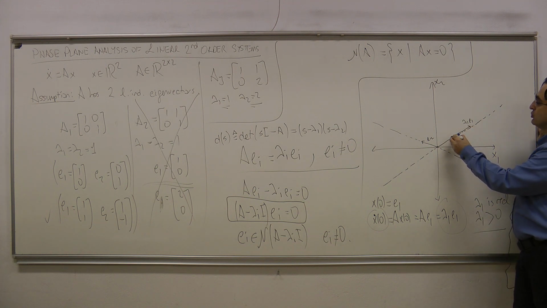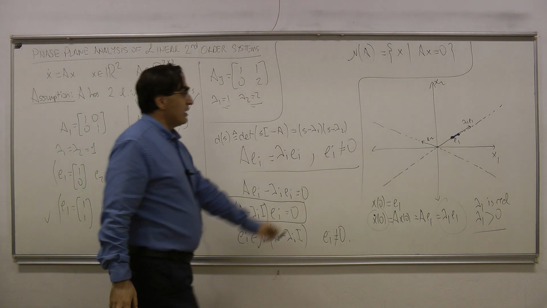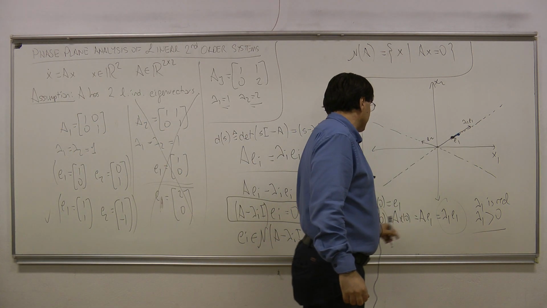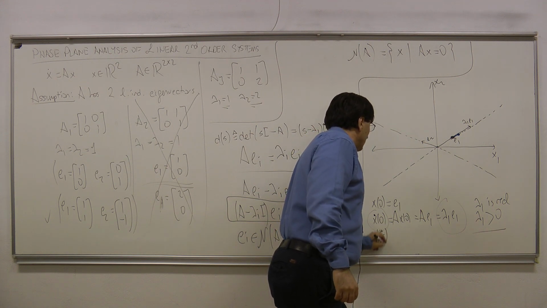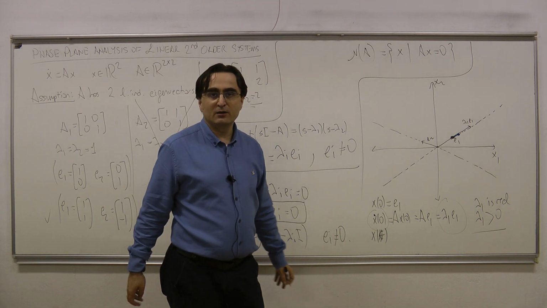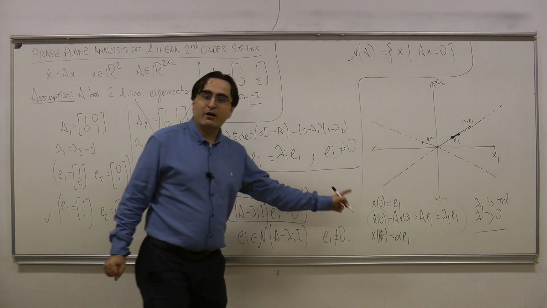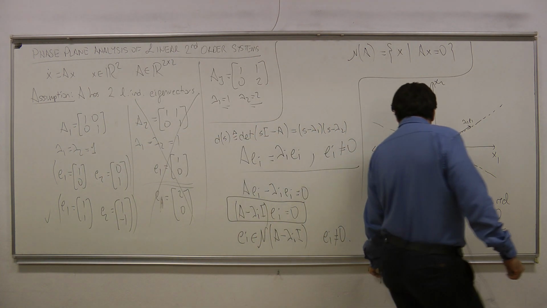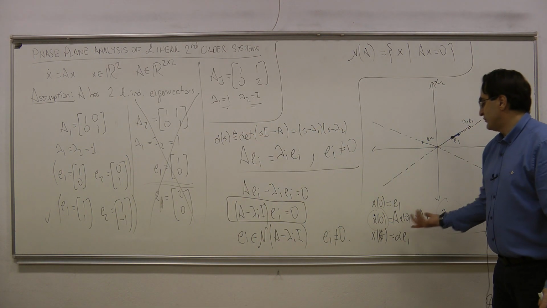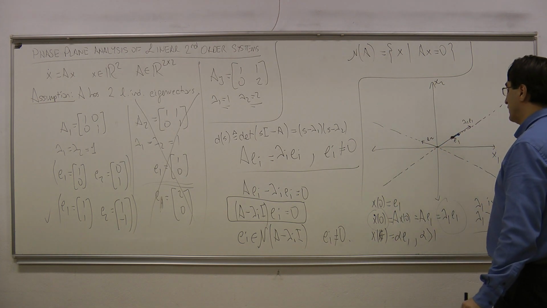The state is going to come to this point, but that point is nothing but a scalar multiple of E1. Let me say that this is x of epsilon in an infinitesimal time interval. X of epsilon is going to be alpha times E1, where alpha is a number very close to 1. In this case, alpha is real and slightly larger than 1.